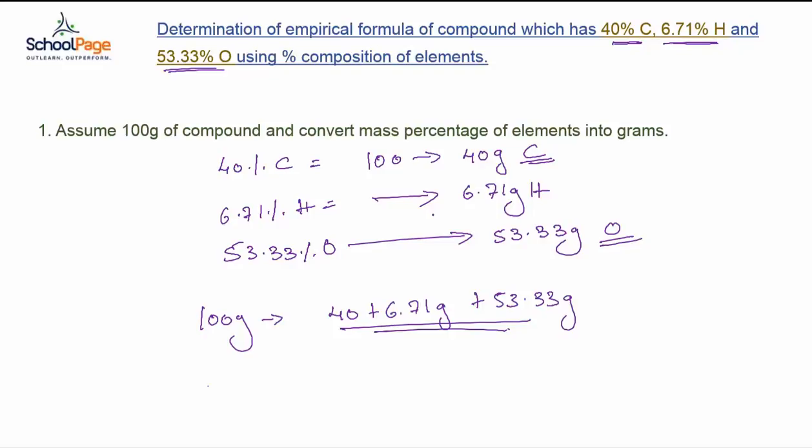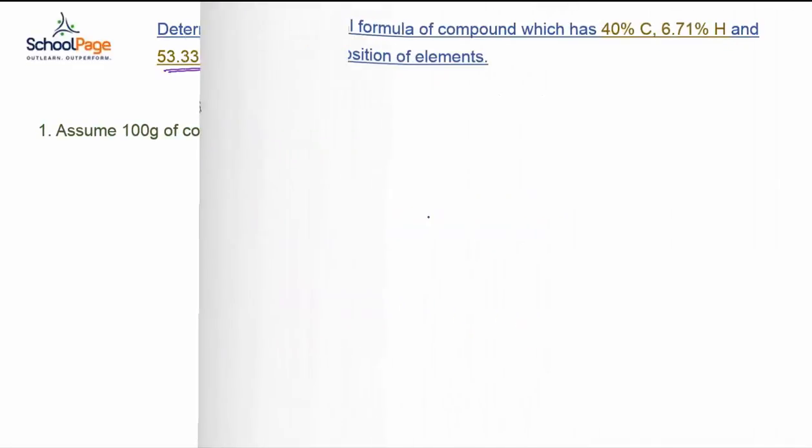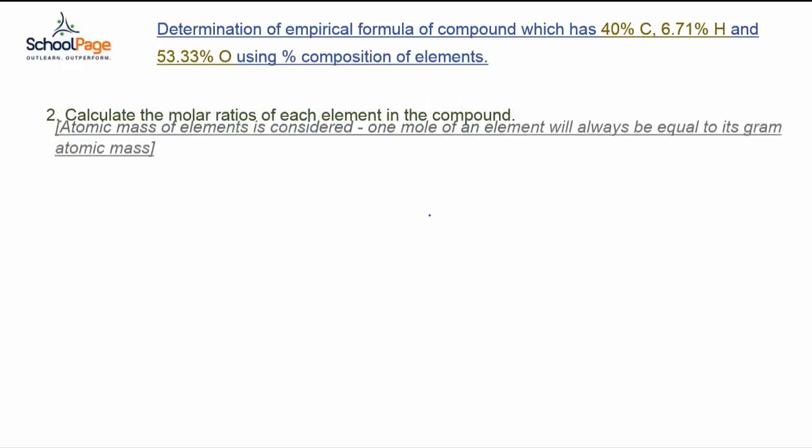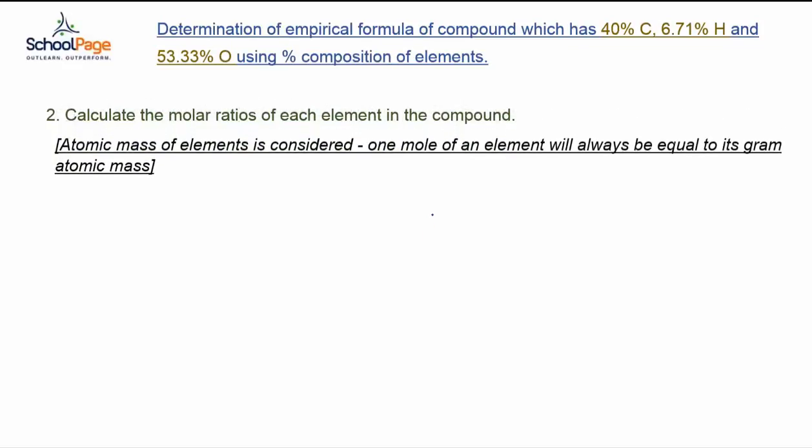Now that we have converted mass percentage of elements into grams, let us move on to the second step, to calculate the molar ratios of these elements in the compound. To calculate the molar ratios, we consider the atomic mass of elements and recall the rule that 1 mole of an element will always be equal to its gram atomic mass.